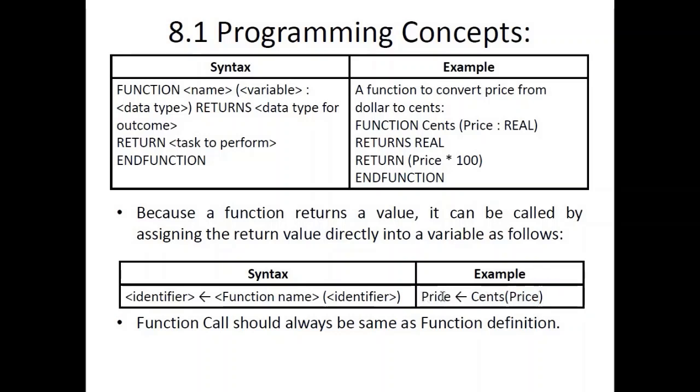So that basically means that whatever was stored in price is now converted into cents. Function calls should always be the same as the function definition. This means you cannot use a different name for calling a function other than what you have already defined in the function's definition.